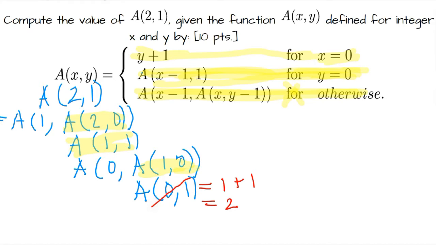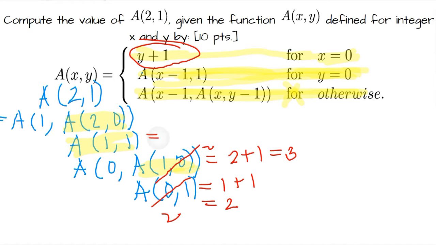So when this is 2, this function here is A(0, 2), and A(0, 2) will choose again the first case, y plus 1. So this will be 2 plus 1 equals 3. And when that is 3, therefore this A(1,1) is equal to 3.